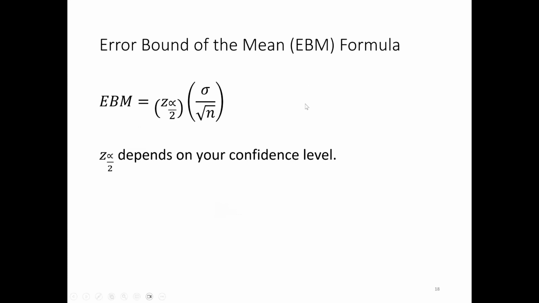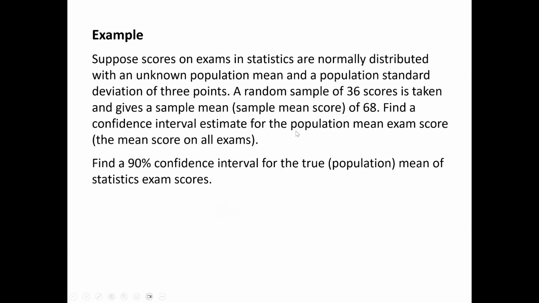Okay, so let's do an example of finding the error bound of the mean. Suppose scores on exams in statistics are normally distributed with an unknown population mean and a population standard deviation of 3 points. So I know I'm going to use the normal distribution for this because they tell me the population standard deviation.